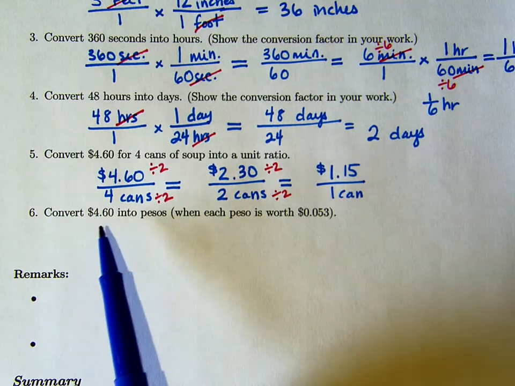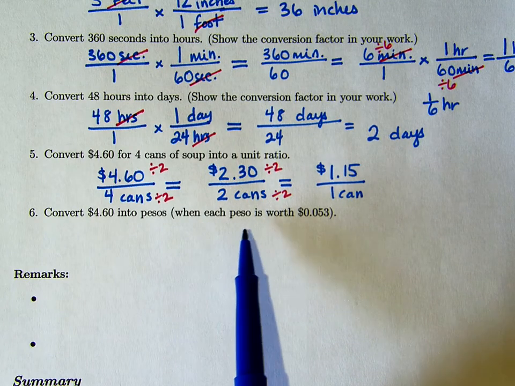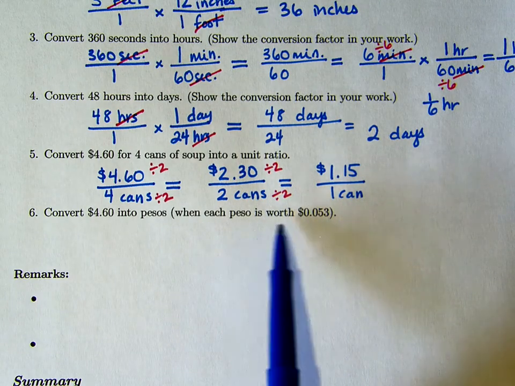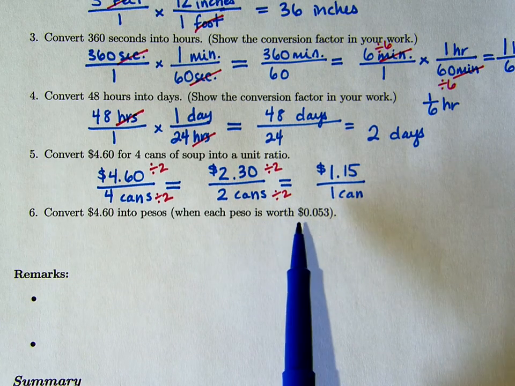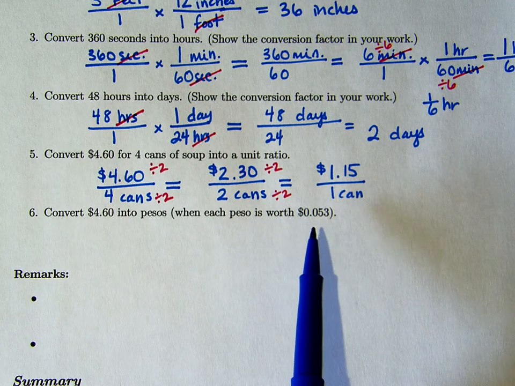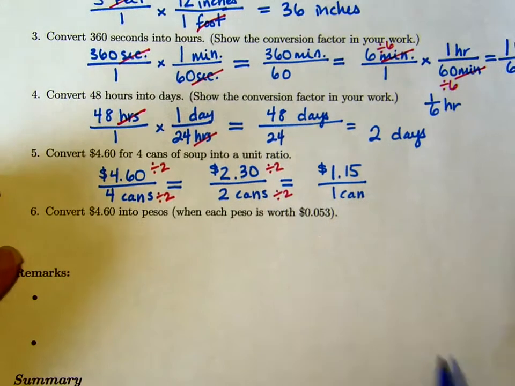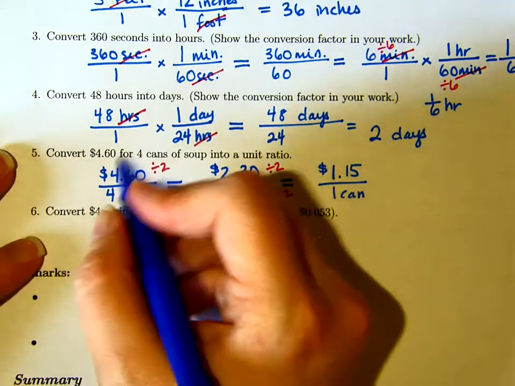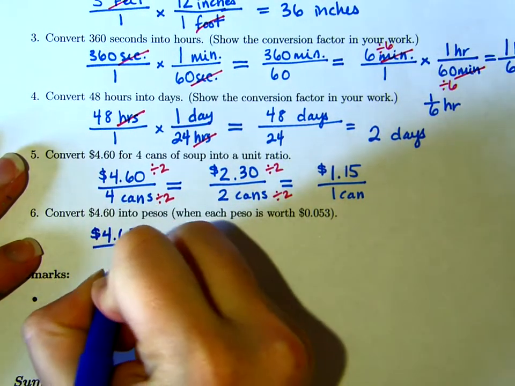Convert $4.60 into pesos. This was the worth of each exchange for pesos as of 2019, I think, or January 2020. Anyway, we're starting with $4.60 US dollars.